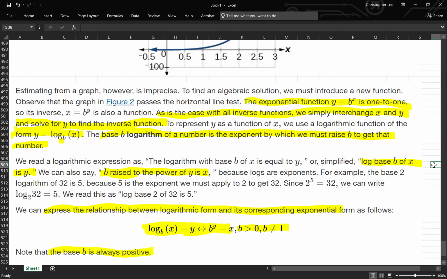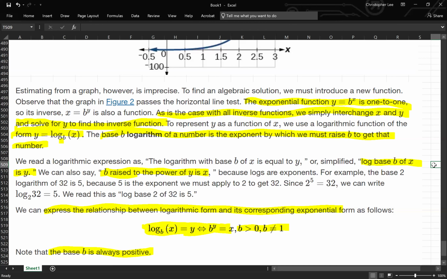To represent y as a function of x, we use a logarithmic function of the form y equals log base b of x, right? The base b logarithm of a number is the exponent by which we must raise b to get that number. We read the logarithm expression as the logarithm with base b of x is equal to y, or simply log base b of x is y.